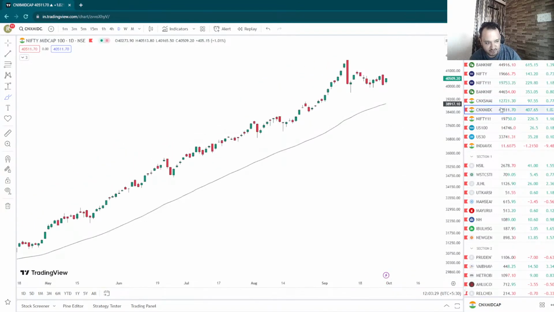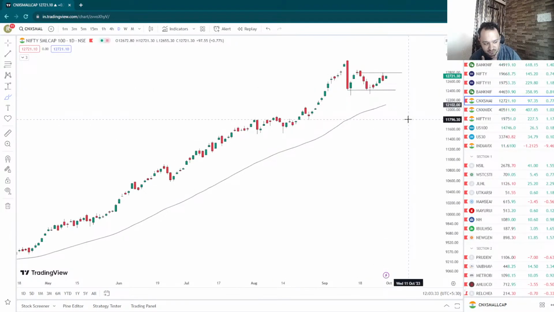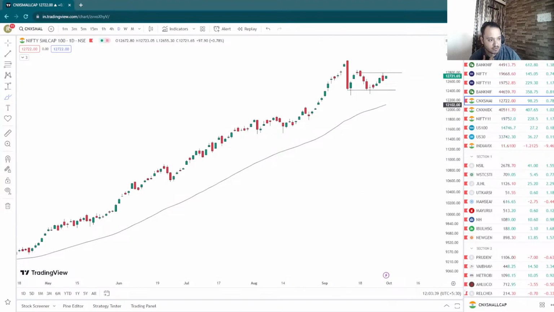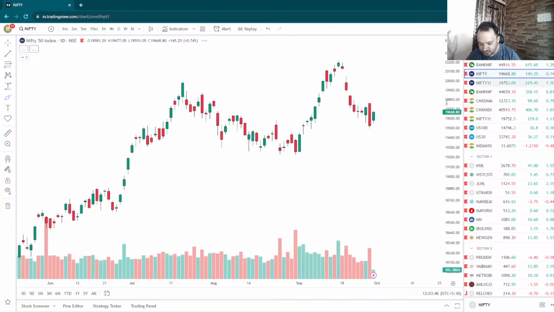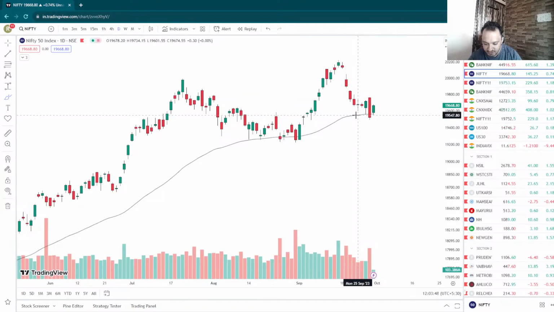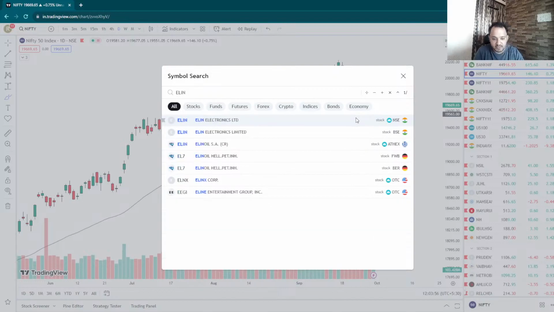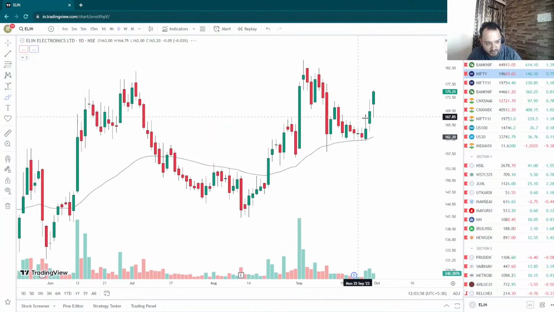If you see the charts of small cap and mid cap index, they are almost exactly the same. So whenever you're trading swings, refer to the small cap or the mid cap index. That is the go-to index. Do not look at Nifty if you're buying small cap stocks, because Nifty has large cap stocks and might not represent the small cap stocks. So, small cap or mid cap index if you are trading swings.